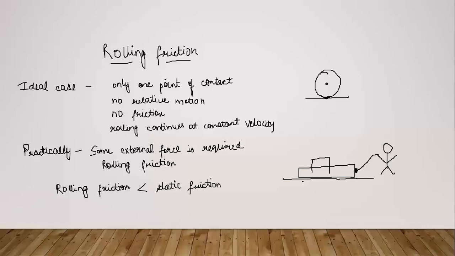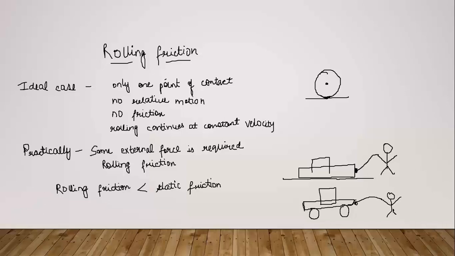Okay. And imagine another situation in which this block is not kept on a plate, but you can imagine that this is the same plate, this is the block, but now you have used wheels over here, and now another person is pulling this cart.